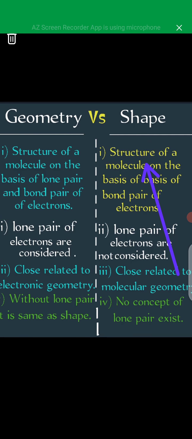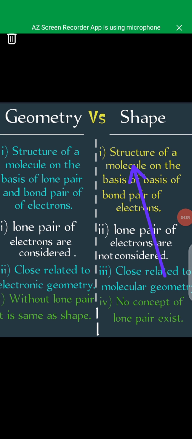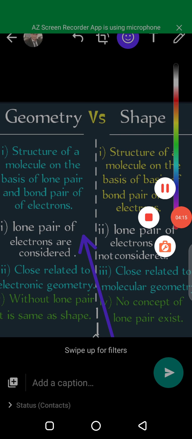But if we talk about shape, shape is closely related to molecular geometry. I mean, molecular geometry and shape are somehow a similar concept. In case of shape, we consider the shape or the structure of the whole molecule, excluding lone pairs of electrons.